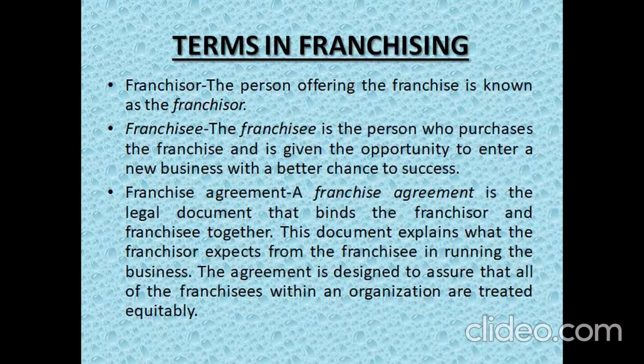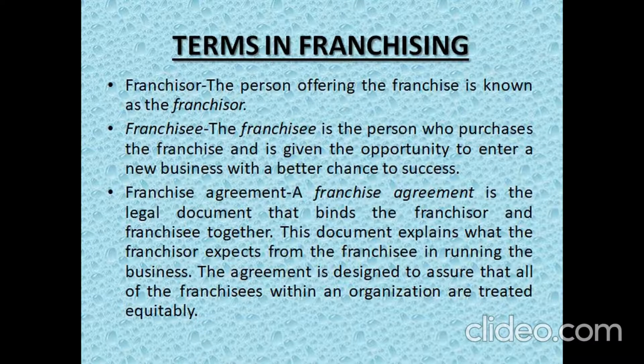A franchisee is a retailer who has been given the opportunity to distribute the goods in that particular locality. There is an agreement between the franchisor and the franchisee. That document is a written agreement in which all the details are given. It explains what the franchisor expects from the franchisee in running the business. So there is a franchise agreement also.